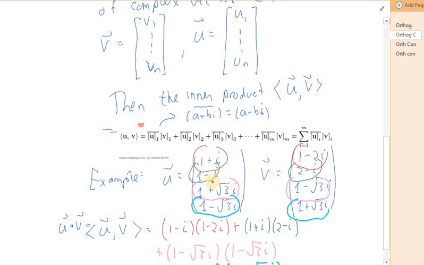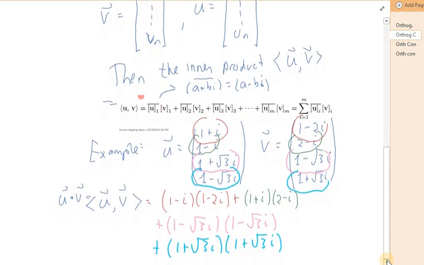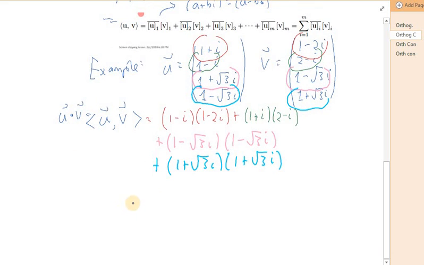Complex conjugate of 1 plus square root of 3i is 1 minus square root of 3i. And then here I have 1 minus square root of 3i also. So I get this third term from the third components of u and v. And finally, I'm going to get one more term from the fourth components, plus 1 plus square root of 3i here, and then 1 plus square root of 3i there. Now, I could go through and do those complex multiplications, but I thought that would be something good for you to practice on.